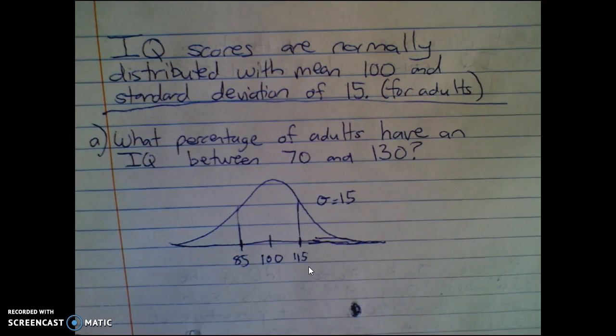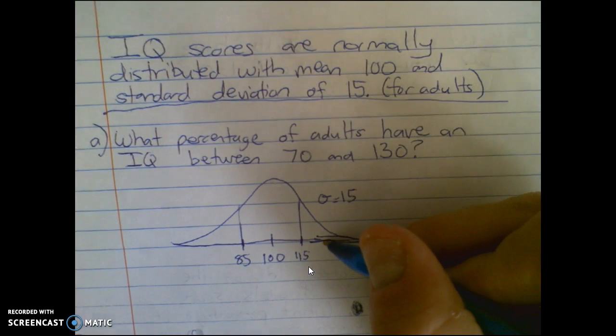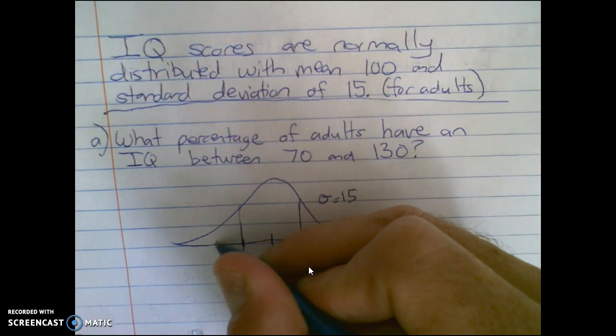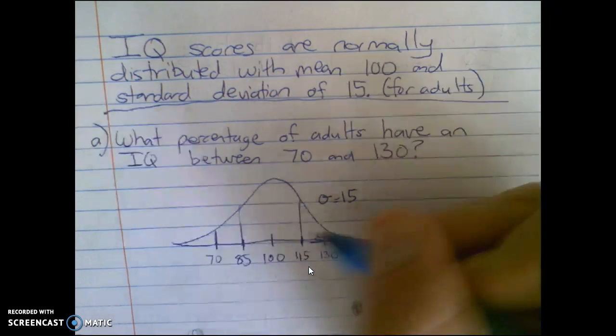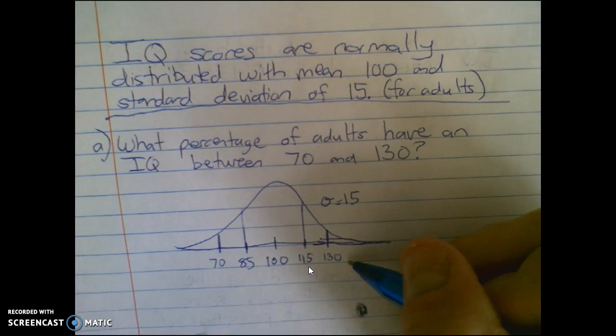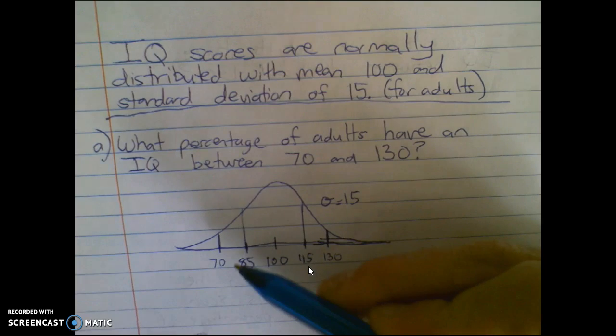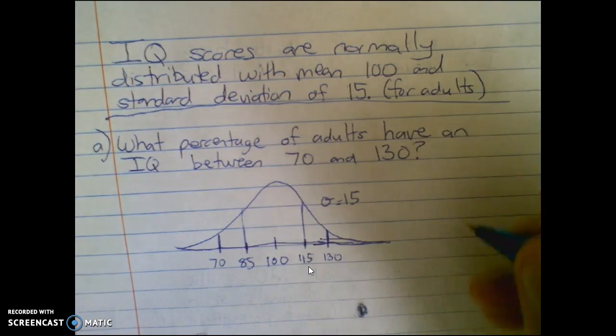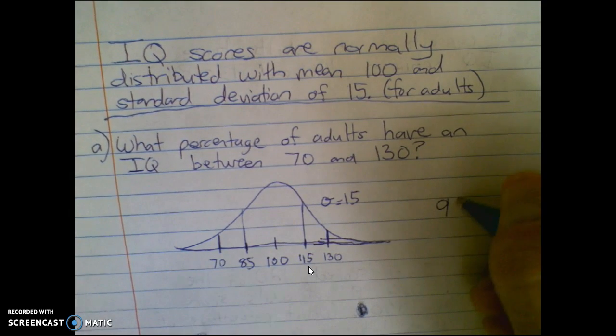This question asks us about 70 and 130. This one is one more standard deviation above and below. 130 is exactly 2 standard deviations above, and 70 is exactly 2 standard deviations below. So to answer part A, it would be 95%.